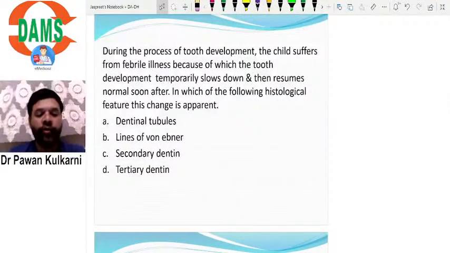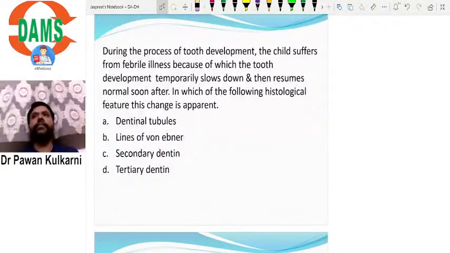During the process of tooth development, a child suffers from a febrile illness, because of which tooth development temporarily slows down and then resumes normally soon after. In which of the following histological features is this change apparent? So there is some illness, fever.